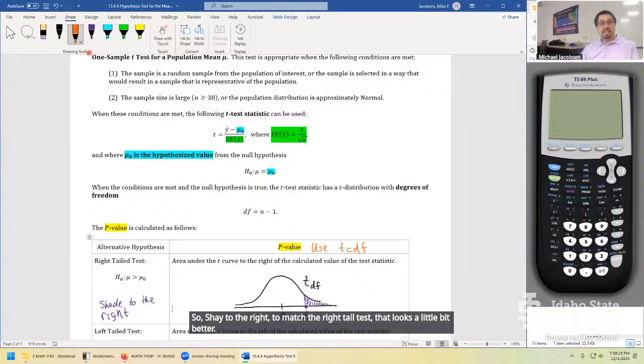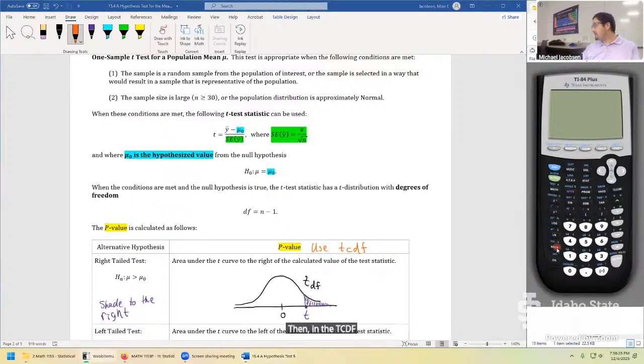Then in the TCDF function, let's take a look at it again. Let's go second bars, TCDF, so option 6. It just wants a lower and upper, and whatever you said your degrees of freedom were. So in a right tail test, the test statistic T is input 1, lower.